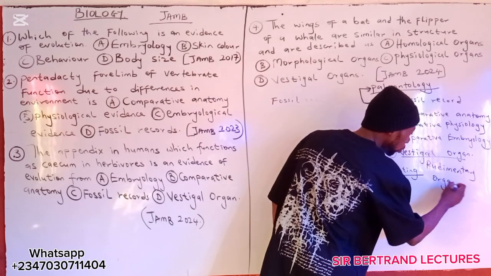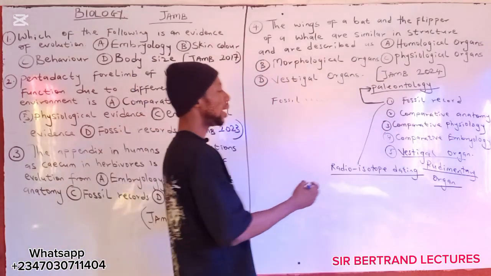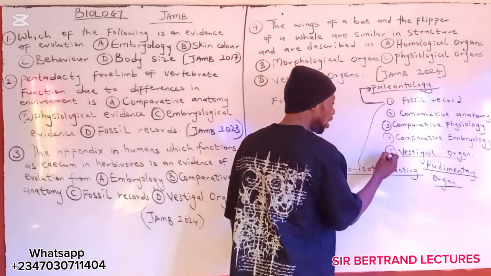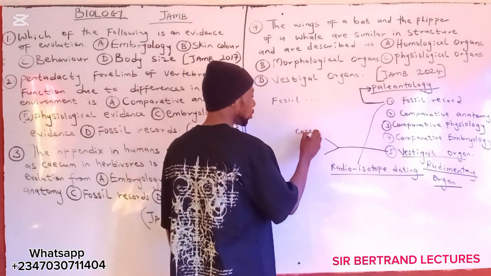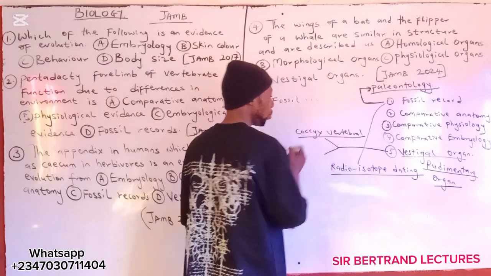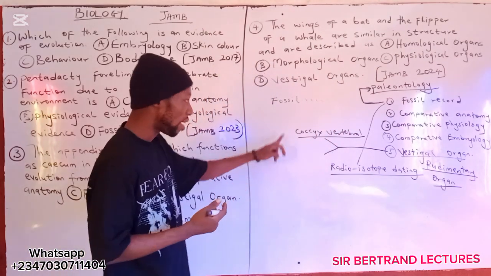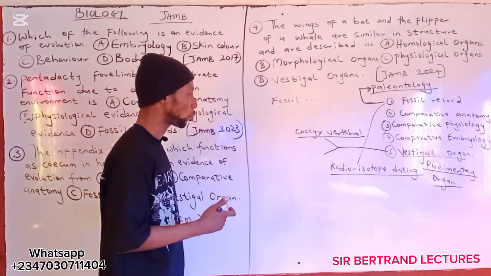You can call the vestigial organ the rudimentary organ. Then in man, the vestigial or rudimentary organ we have is the coccyx. That is the coccyx vertebra, because man doesn't possess a tail, but has the coccyx vertebra. That is why it is described to be functionless.